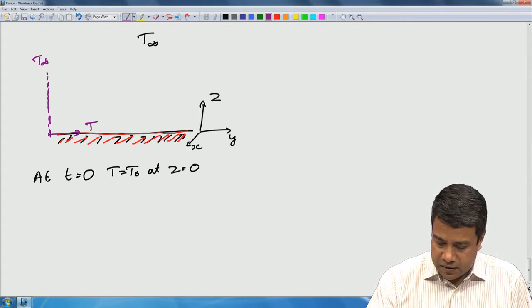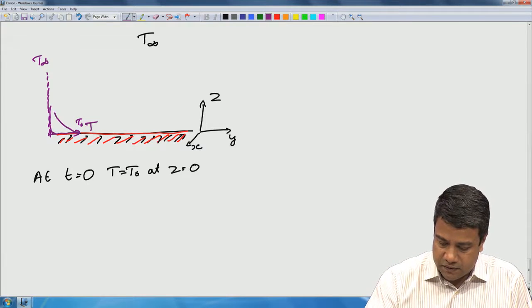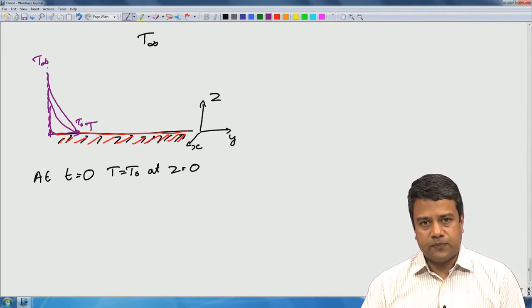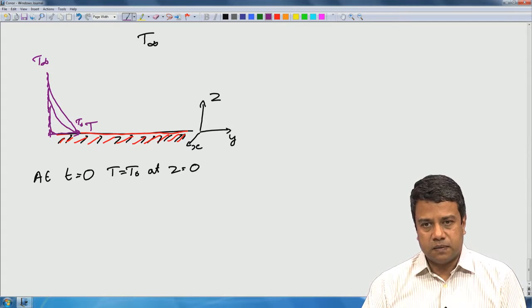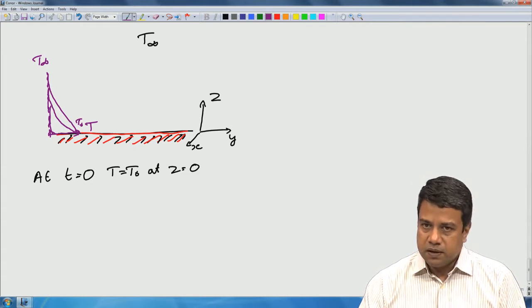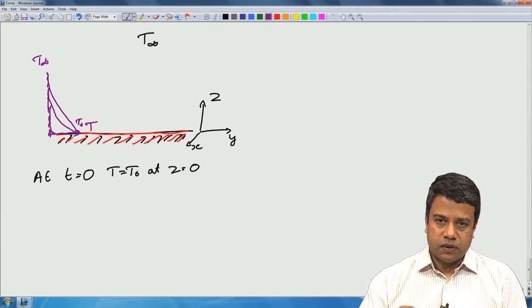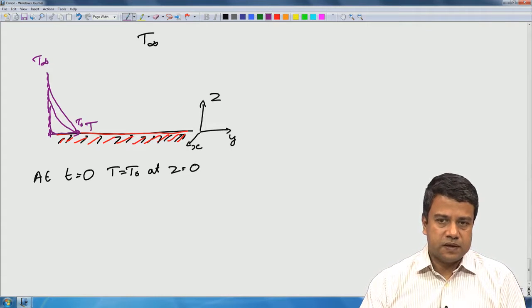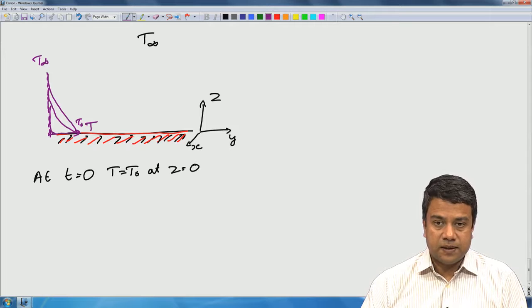At time t equals 0, you are increasing the surface to T naught, and as time progresses there will be a diffusion of heat from the surface, and the temperature will start to rise away from the surface. What we would like to find out is how the temperature rises, what is the flux from the surface, and how the flux varies with time.